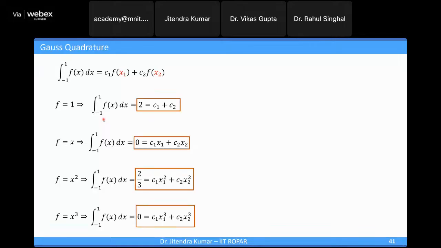So that's a big challenge. If you have more equations, the solution, of course, is difficult. For this set of equations, it is not so difficult. You can easily get the solution of this system as C1 is 1, C2 is 1. It will satisfy all the equations if you take x1 equal to minus 1 by 3 and x2 equal to 1 by 3.